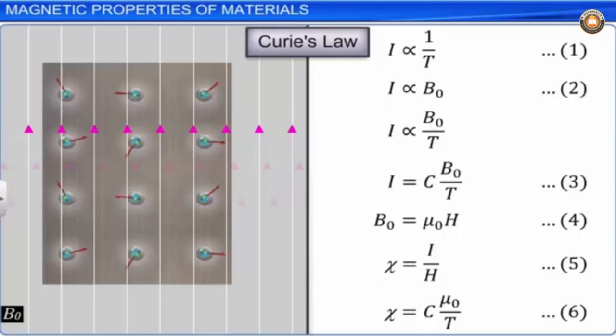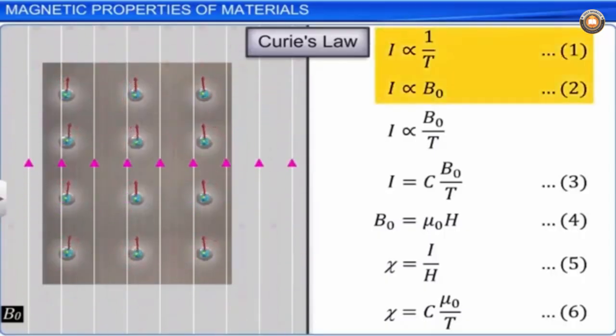Since the magnetization of a material is directly proportional to the applied magnetic field induction and inversely proportional to its absolute temperature, the magnetization of a material increases up to a certain level by increasing the magnetic field and decreasing the temperature.